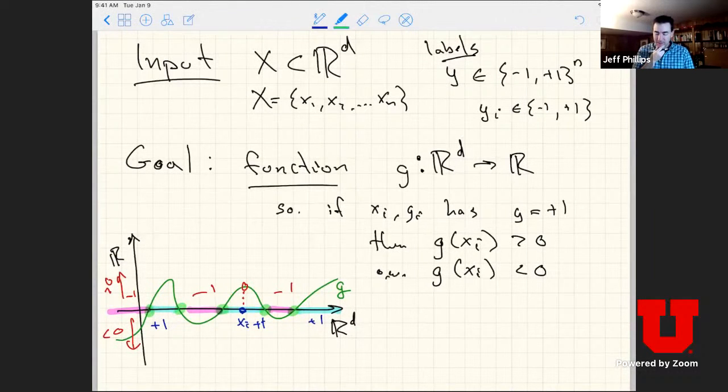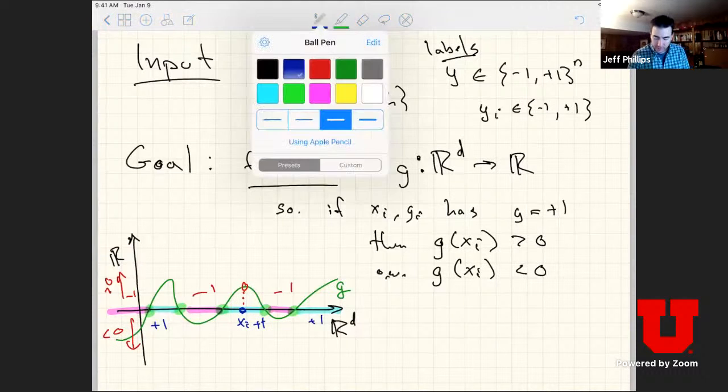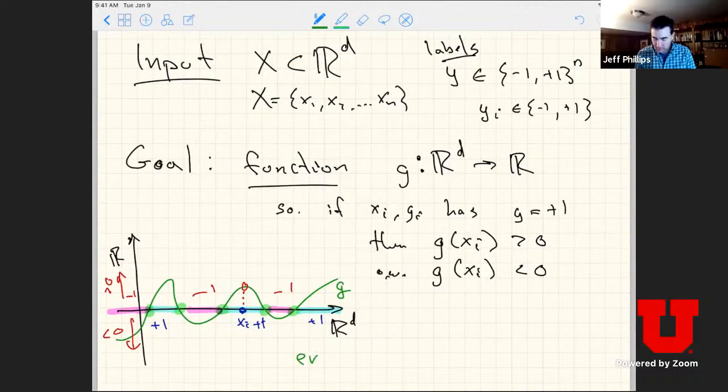So the thing we're going to start with today and for the next lecture as well is we're going to enforce that g is linear.